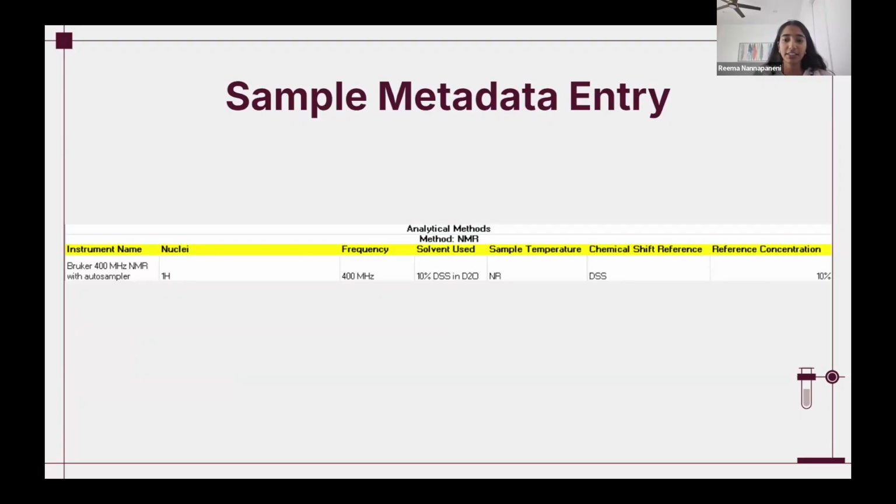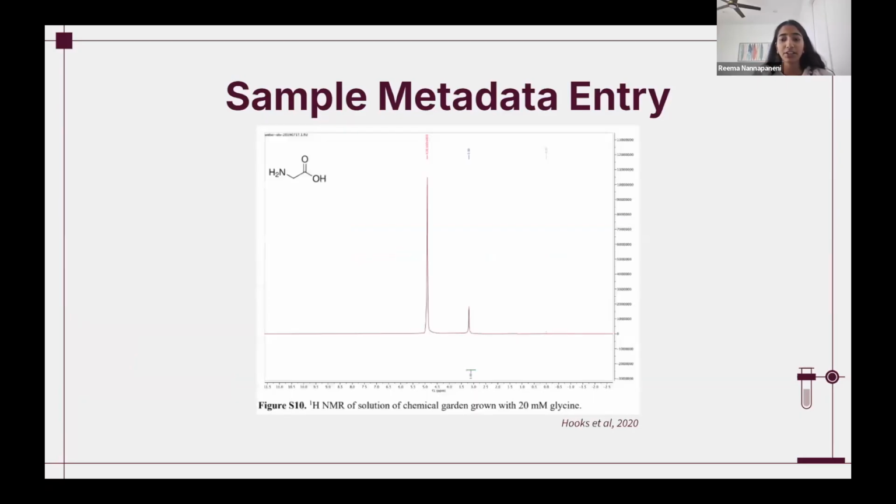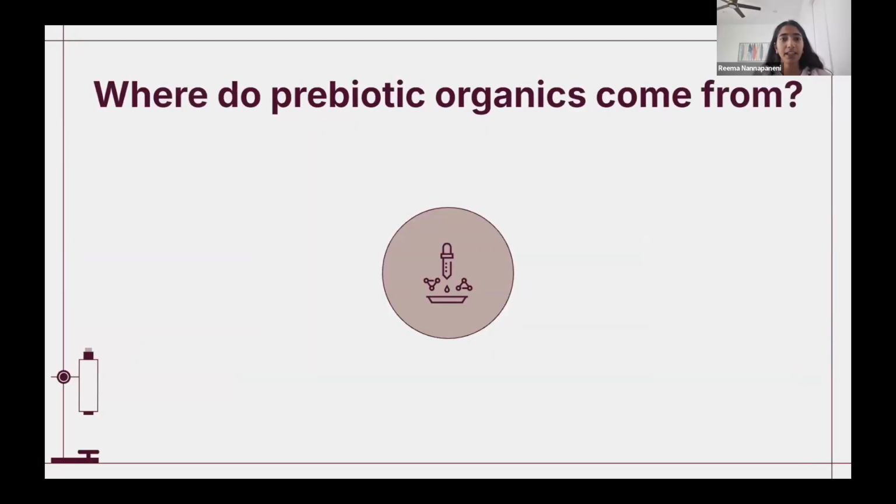From there, I included details about the analytical method used, as well as the analysis condition. And finally, I included details about the compounds characterized and whether they were validated against a standard spectra. From here, researchers can also directly upload the spectra generated in their study for others to view.